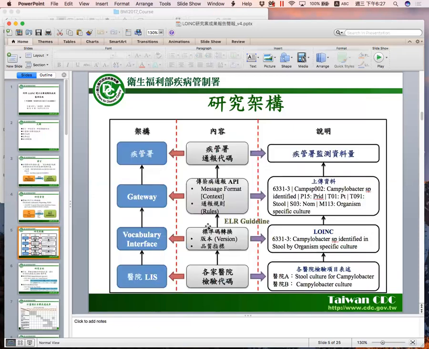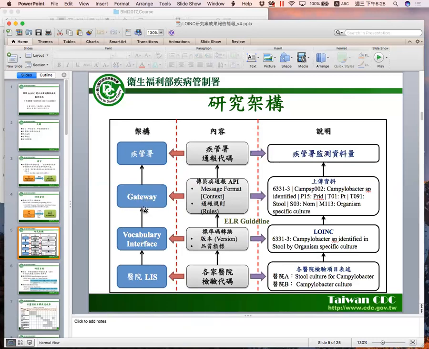Then here is our research structure. From the left-hand side, we propagate the data from the hospital laboratory information system. Then we create a vocabulary interface, where we translate all the information to LOINC.